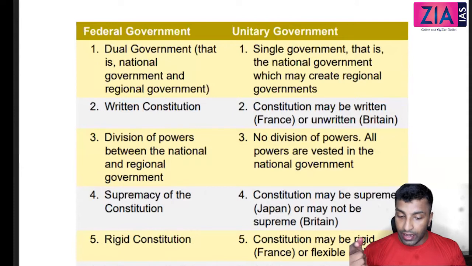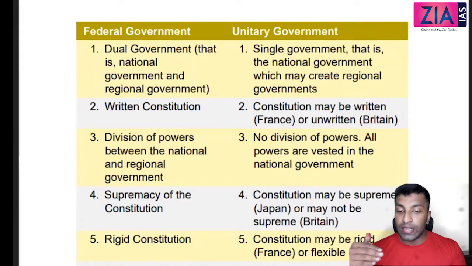And in which act did the concept of federation come into existence? It is in the 1935 Government of India Act. So when I say federation, the main thing you need to understand is it is again rule of two, but at a different level. Diarchy is rule of two at the same level.